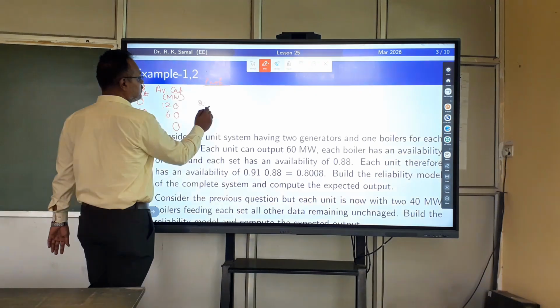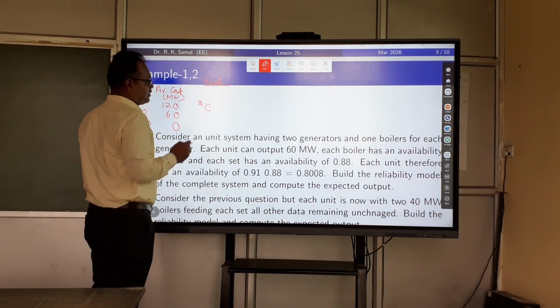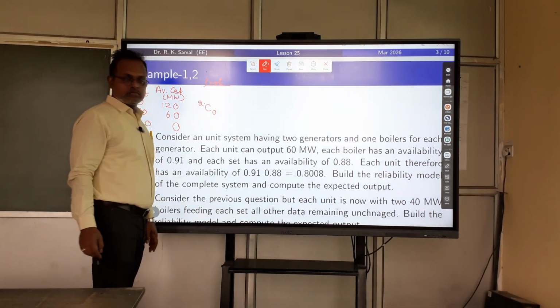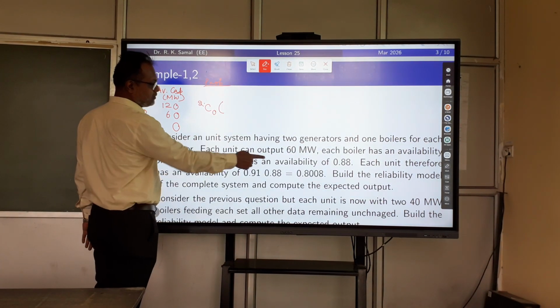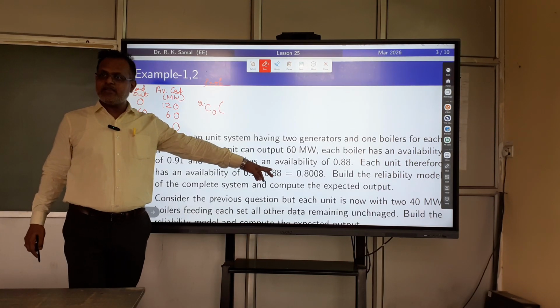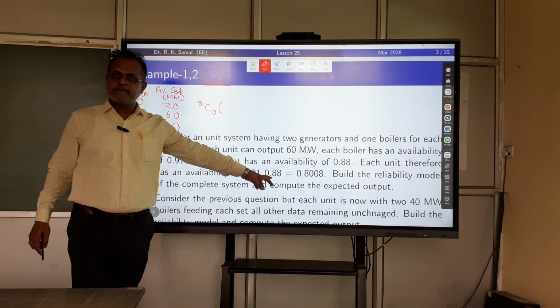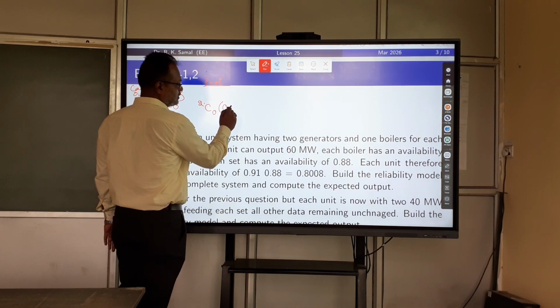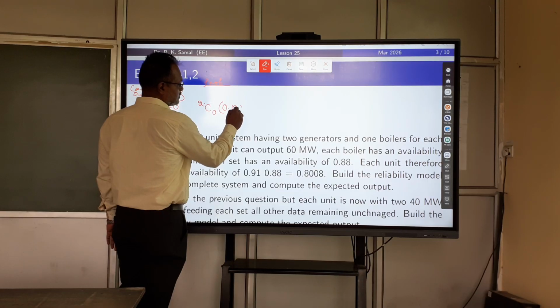So 0 is out. What is the unavailability? 0.8008 is the availability, the unavailability is 0.1992.